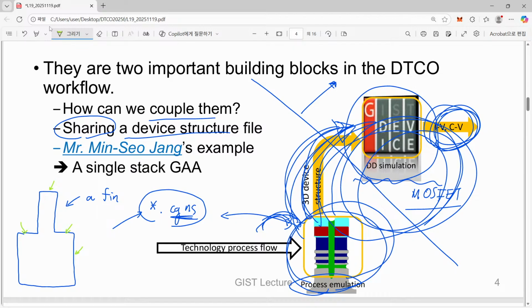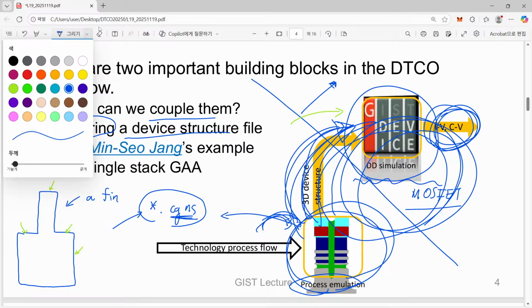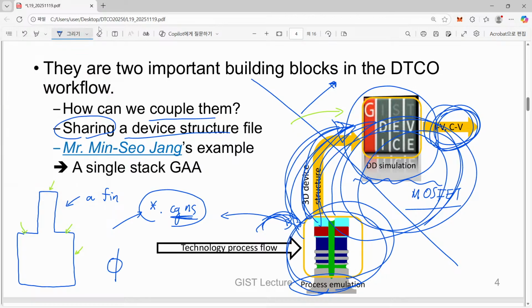However, now when we go to the drift diffusion simulator, we have to have a certain physical quantity as a function of position. This is position and this is a physical quantity. So we need to consider the internal structure of our device simulation domain.